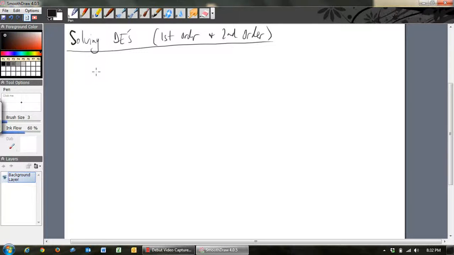Okay, so firstly, if we've got the situation where dy by dx is equal to some function of x, then like we saw in that first video, if we're trying to find the solution to this, then y will be simply the antiderivative of f of x dx. And it's that simple.